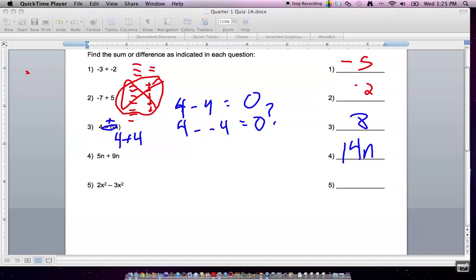Now, let me ask the question after I go over how she forgot the X. Okay? First off, what kind of 2 is this? A 2, positive.